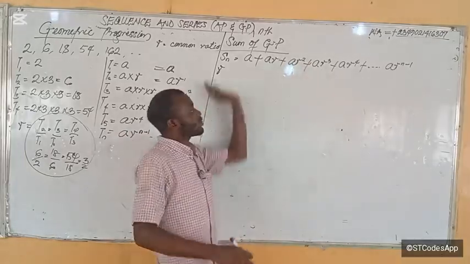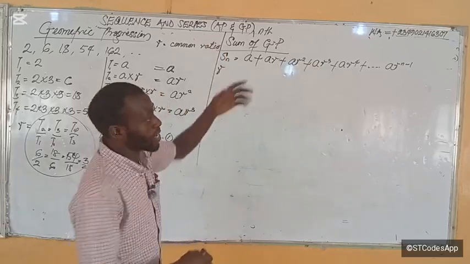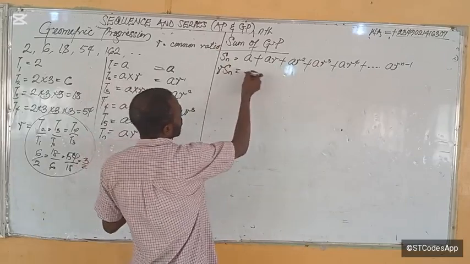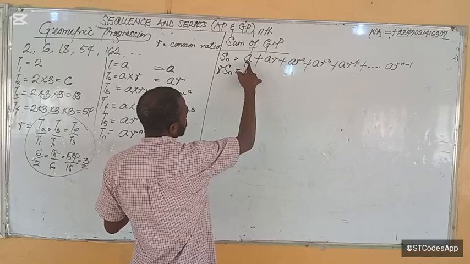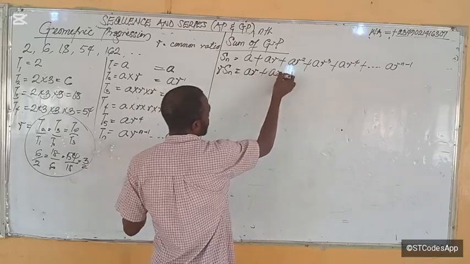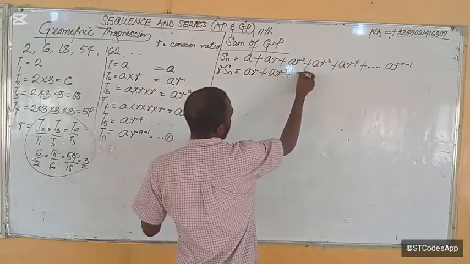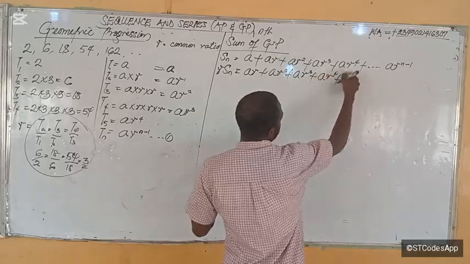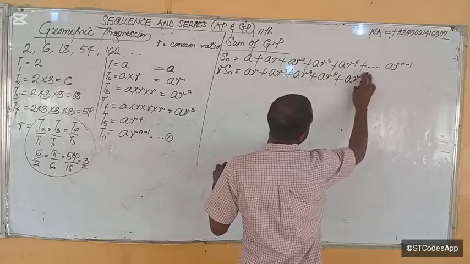You understand? So to shift it forward by 1, what do I do? I multiply my sum by R. This one becomes AR. This guy by R becomes AR squared. This guy multiplied by R becomes AR cubed. This guy multiplied by R, AR to the 4th. This guy multiplied by R is AR to the 5th, isn't it?